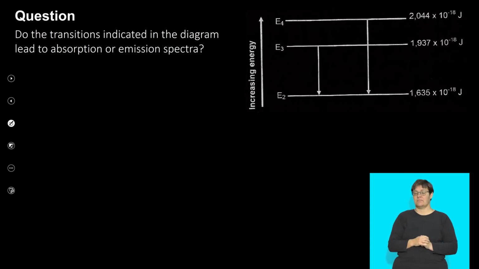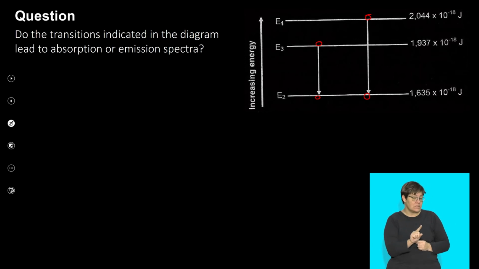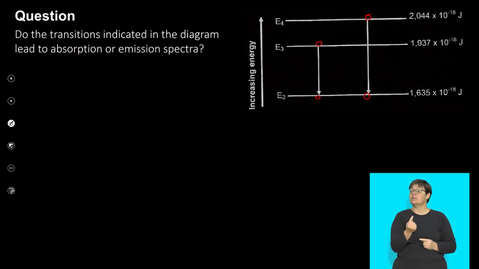Do the transitions indicated in the diagram lead to absorption or emission spectra? Think about the question we just did. Here I'm showing it going from high to low, high to low. So which one are we doing? It has to be emission.